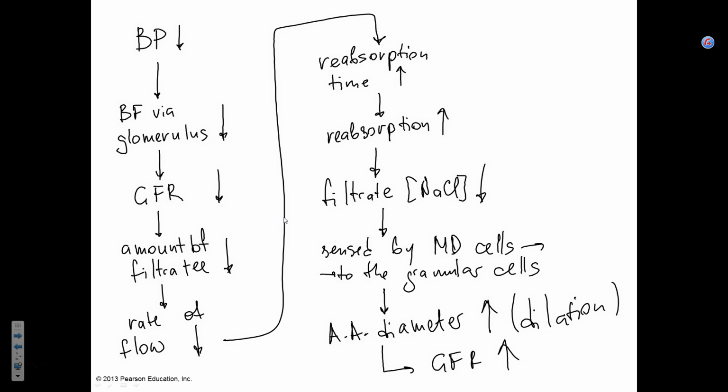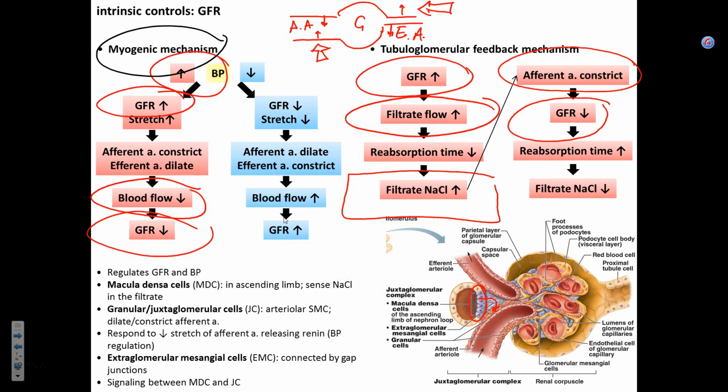Because the question will be, let's say, what happens when systemic blood pressure slightly increases? And then I'm going to give you a bunch of statements like GFR goes up or down, flow rate of filtrate goes up or down, reabsorption time goes up or down, sodium concentration goes up or down, stuff like that. Does that make sense? So you have to be able to deduce what's going on. Is that clear? Good?